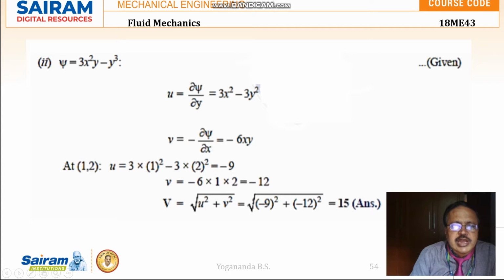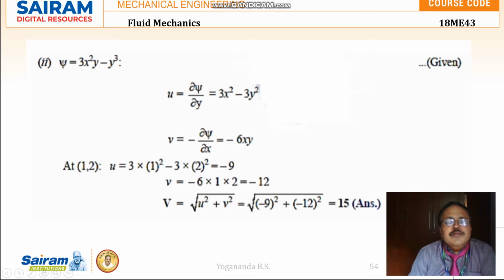If you differentiate psi with respect to y, it gives the velocity in the x direction, that is u. From the first term it is 3x square, and from the second term, differentiation of y cube gives 3y square.